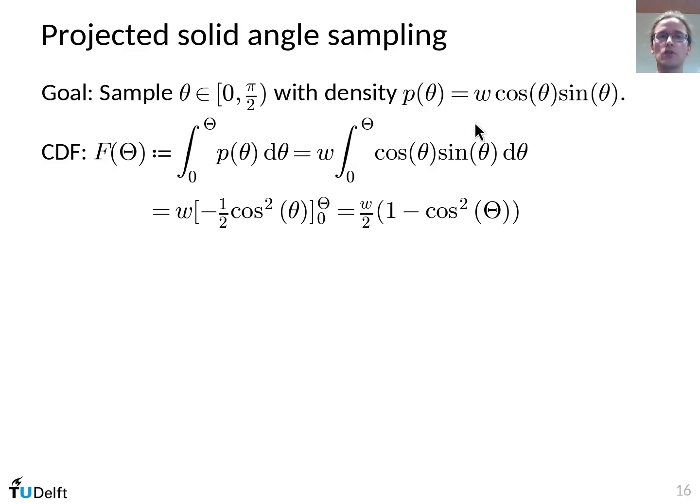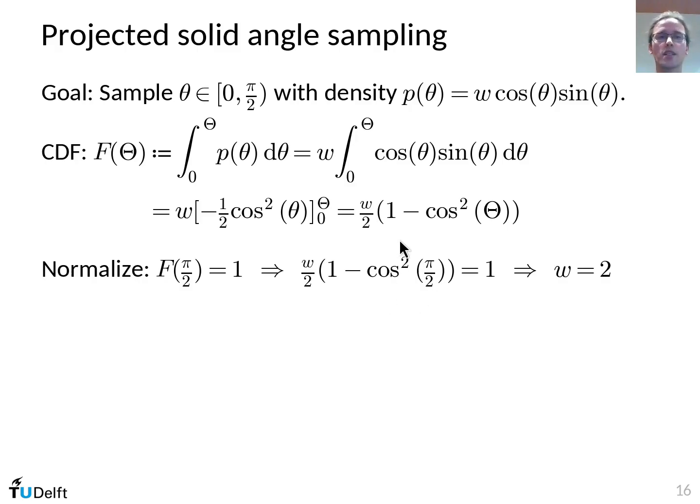We can put in our definition of the density here, and then integrating over cosine times sine is relatively easy. You can ask a computer algebra system what the integral of that is, and it will have no trouble telling you that it's minus 1/2 over cosine squared of theta. And then this is the CDF that we get.